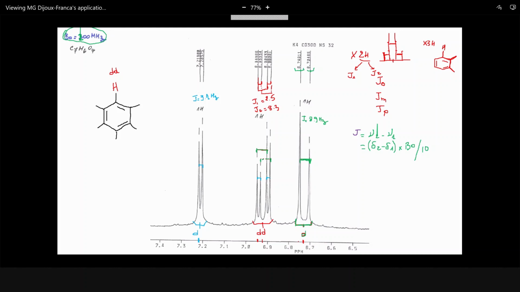When I take these two, I have 3.1. And if I take this and this, I have 6.93, 3, 3, 4, 6, 8, 8.